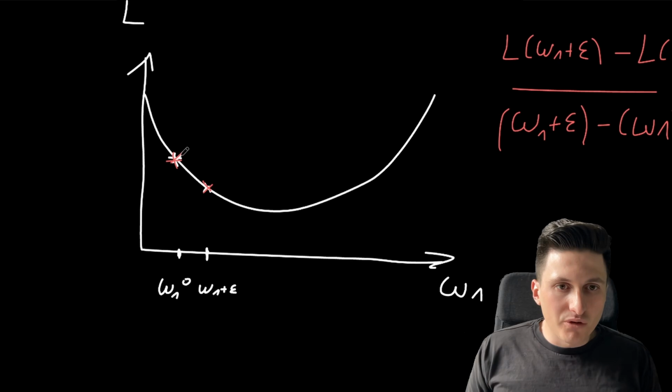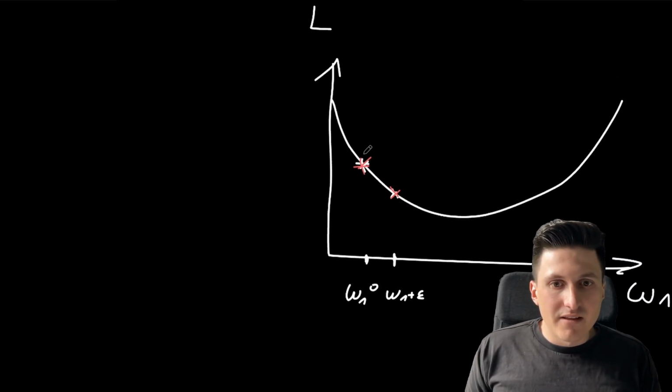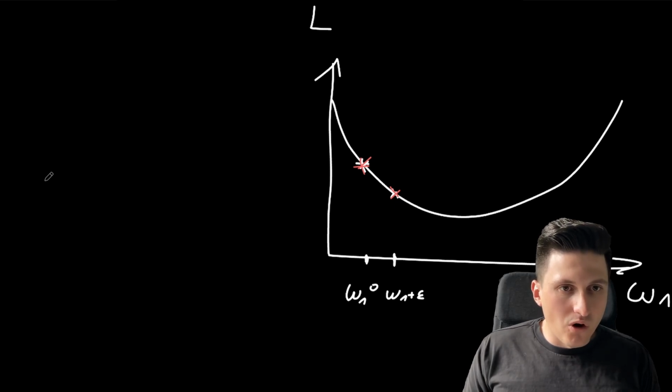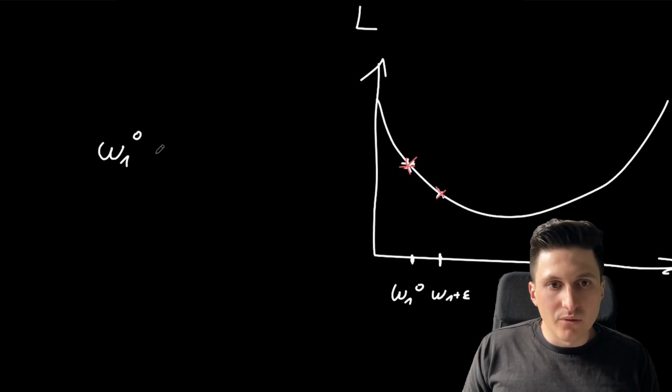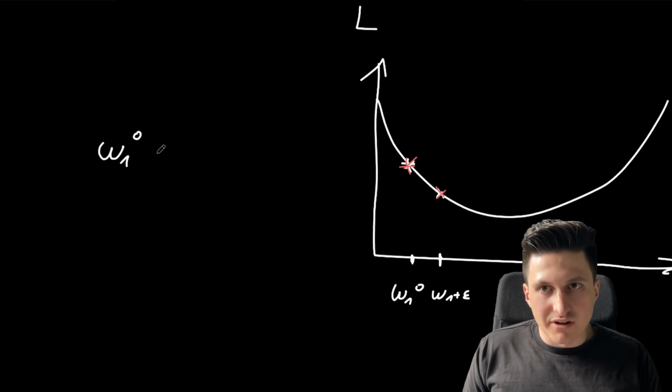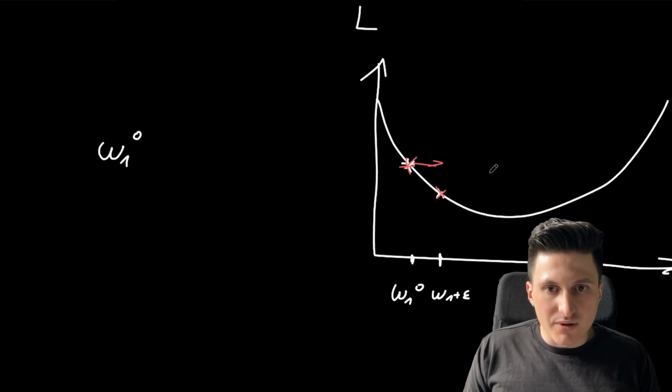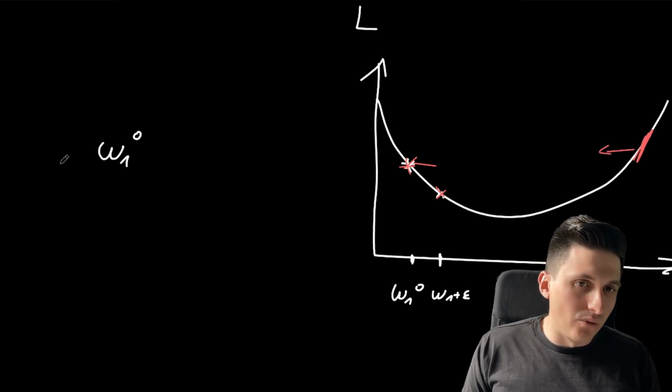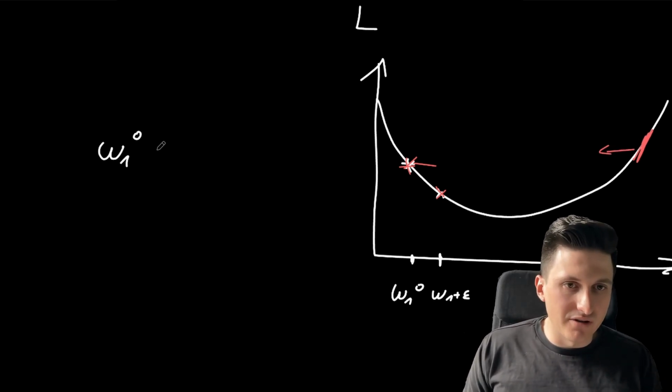And we now know that we have a negative derivative in this direction, and what we then basically do is take our initial weight, for example w1, and we move in the direction opposite to the derivative. If the derivative is negative, we need to increase the w1, but when the derivative is positive, for example here, we actually need to move back, so we need to move in the opposite direction of the derivative.